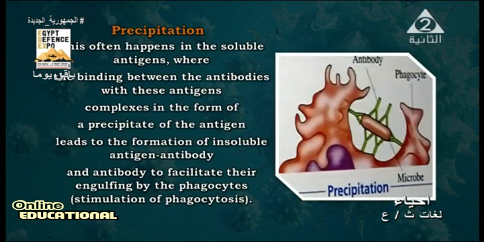Also the precipitation. What is the precipitation? Precipitation often happens with a soluble antigen, where the binding between the antibody and this antigen forms complexes in the form of a precipitate of the antigen. This leads to formation of a substance that is insoluble and not dissolved in water.